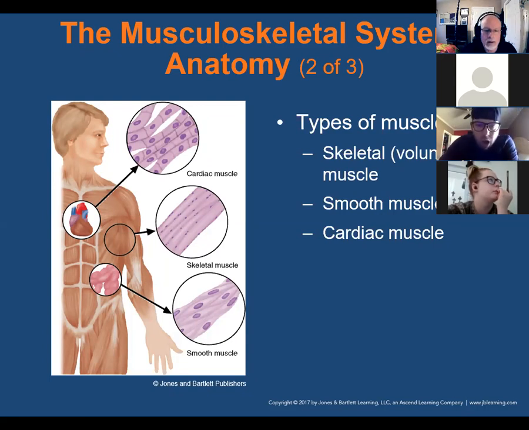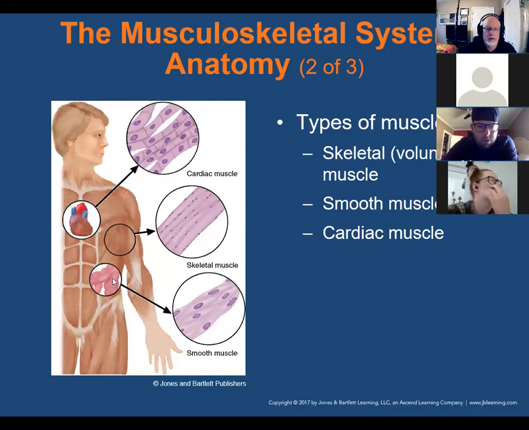Smooth muscle. Where in the heck do we have smooth muscle? You see, it doesn't have those straight bands that can contract and do work. That's what we call it when muscles contract to cause things to happen. We call that work.